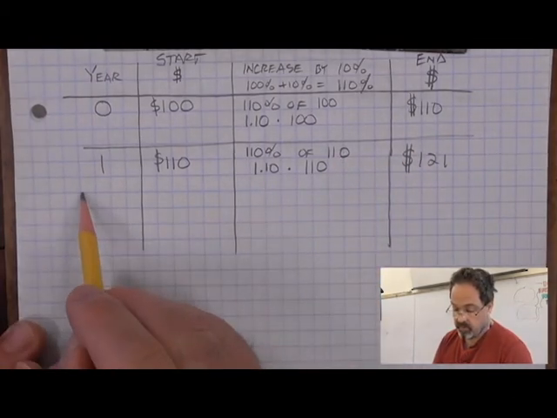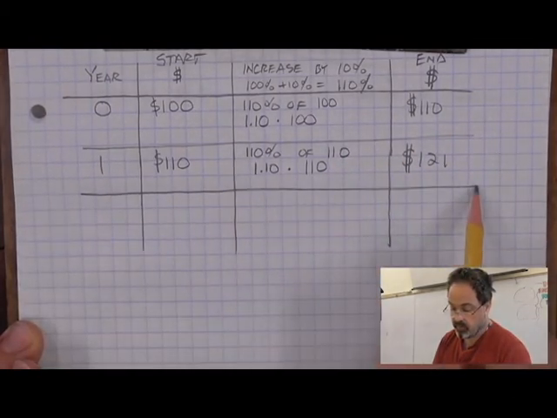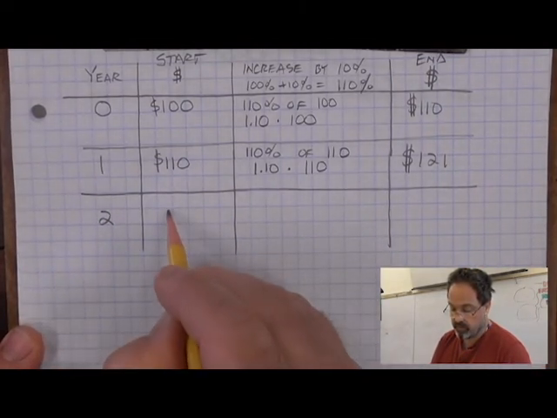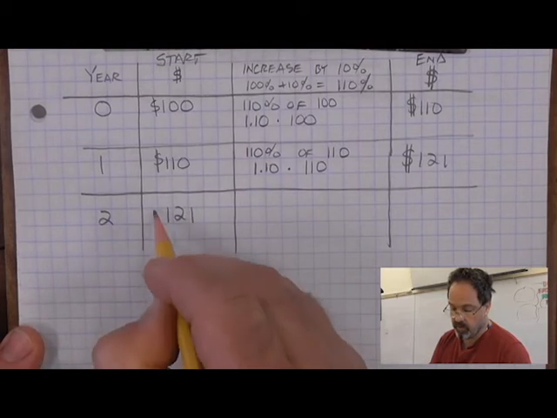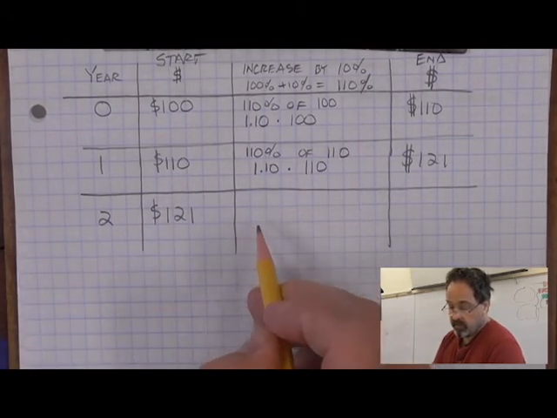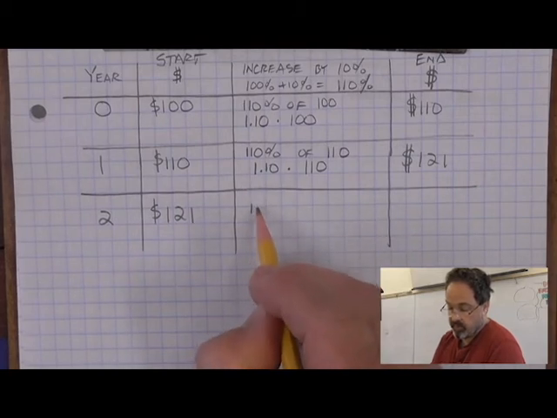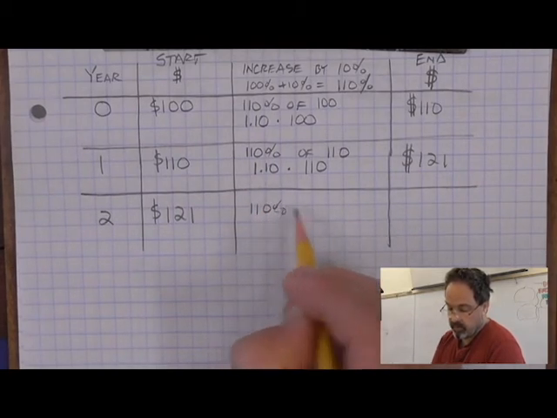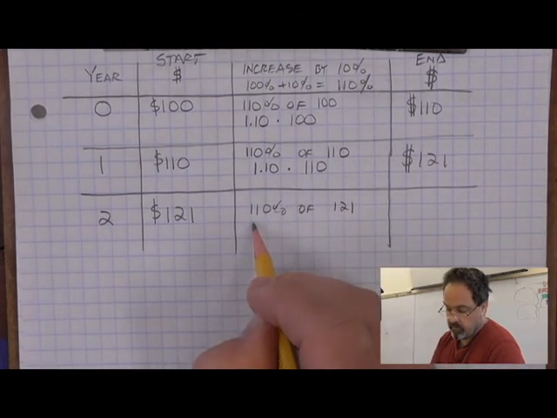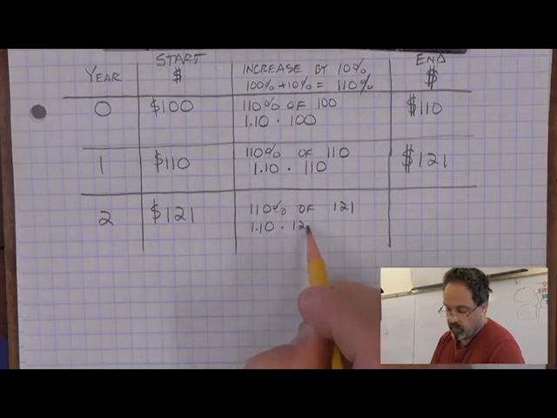So we can see, if we apply this rule again, after 2 years, our new starting amount is $121. And if we're going to increase by 10% again, then we're going to be taking 110% of $121. I translate that into math. 1.10 times 121.